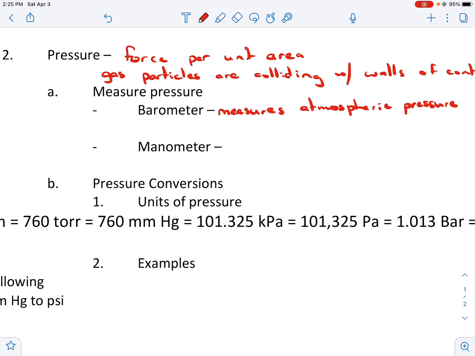They're measuring the pressure of the atmosphere, and that'll actually affect how our weather is looking to us. Then we have a manometer, and a manometer just measures pressure. This is what we would use in the lab if we were going to measure pressure in the lab.